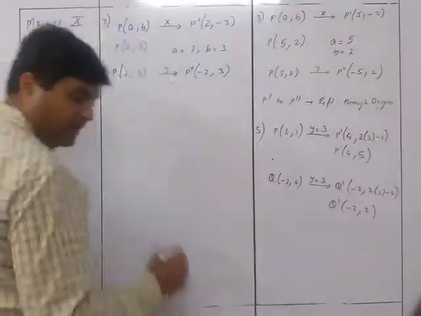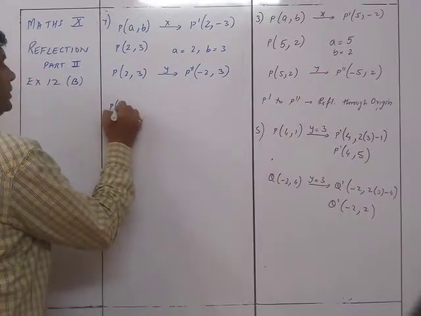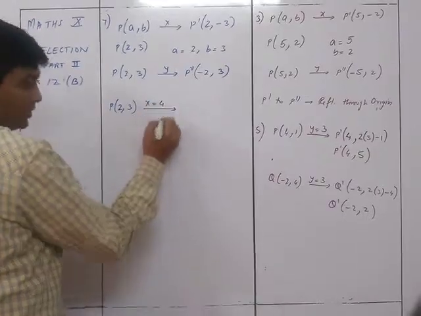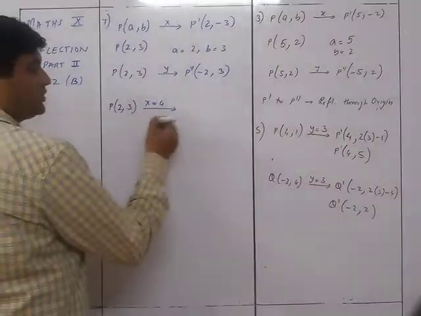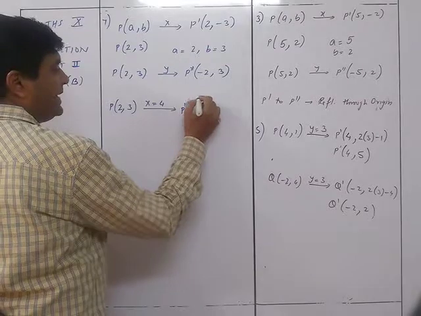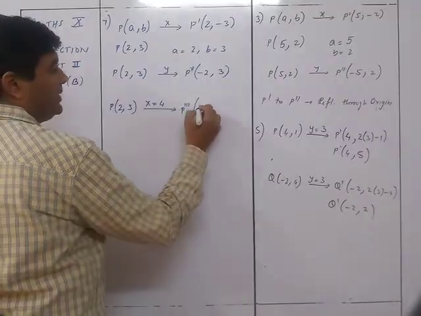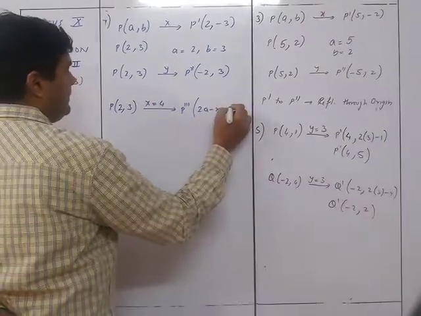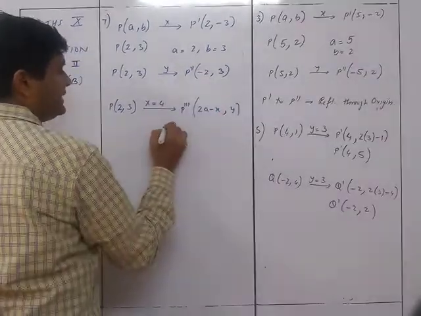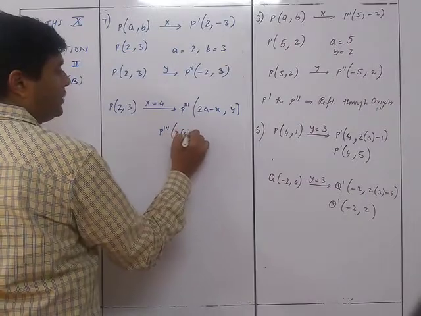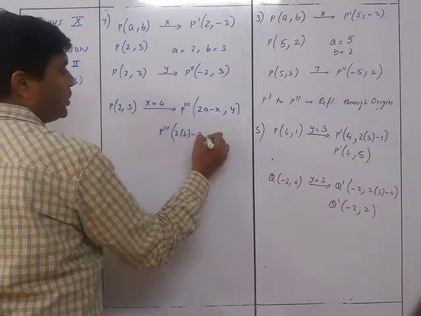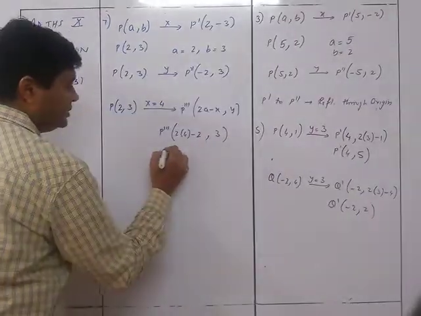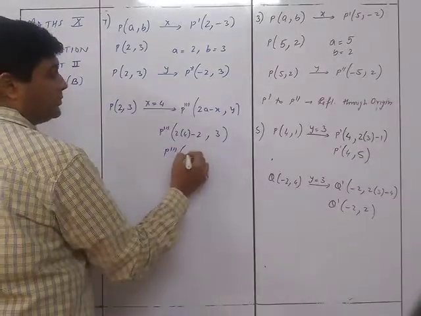So P (2, 3) is reflected by x equals 4. When x equals 4, the image will be (2 into 4 minus x, y), because y doesn't change. So P dash dash dash will be (2 into 4 minus 2, 3), that is (8 minus 2, 3).